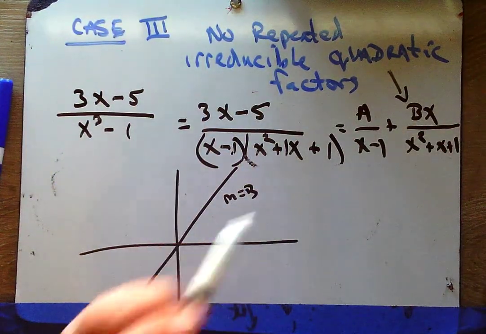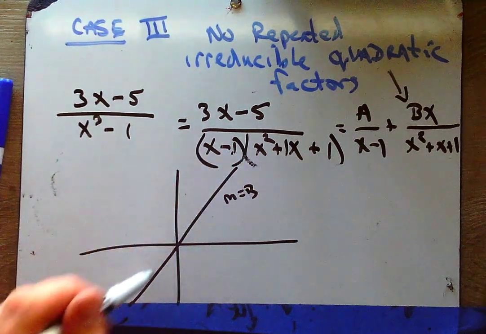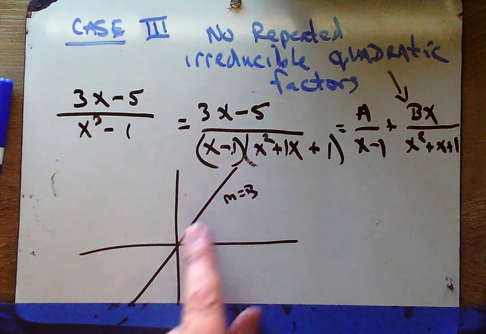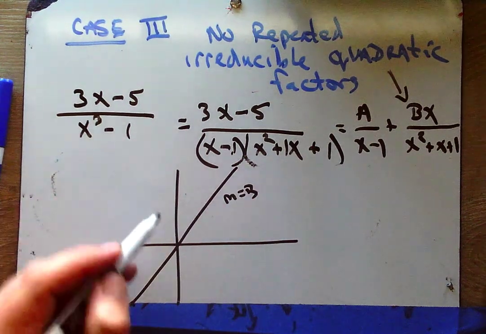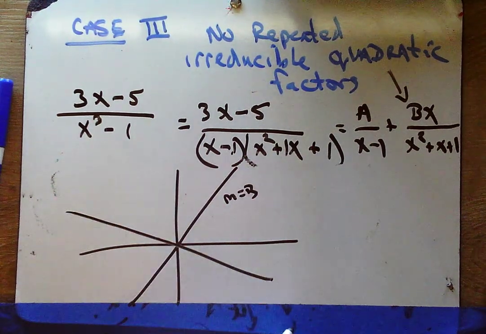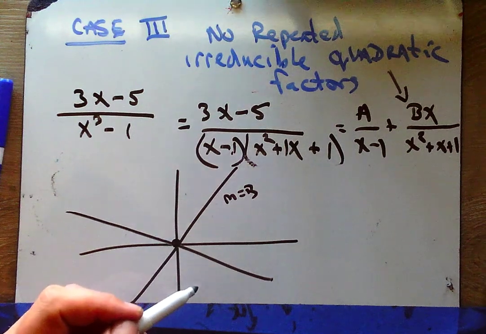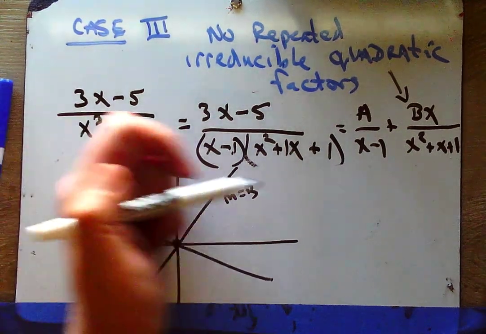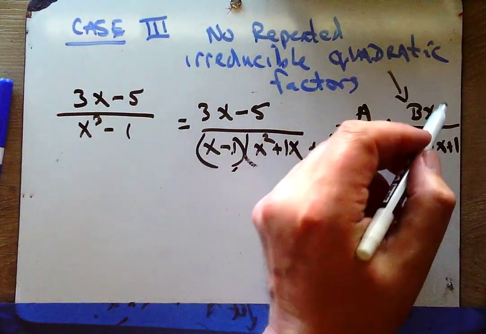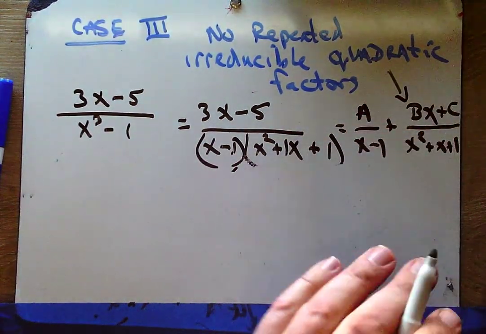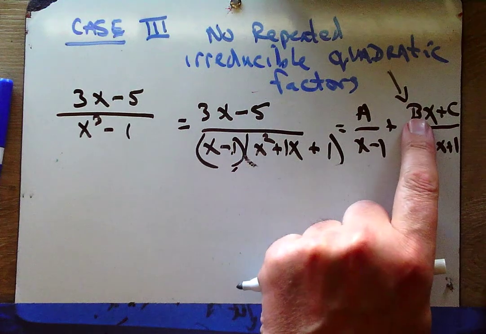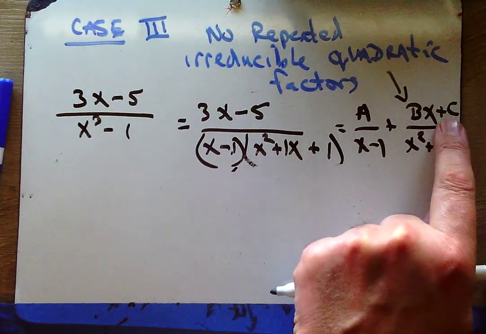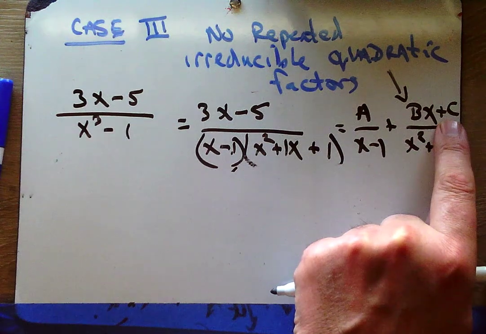Have you ever graphed a linear equation that didn't pass through the origin? Because bx always passes through the origin. It may have a different slope, always going to pass through the origin. Have you ever graphed a linear equation that didn't pass through the origin? Of course you did. And for that reason, we have that. Sure, 1 degree less than that x squared, but I have to consider all the possibilities. Okay?